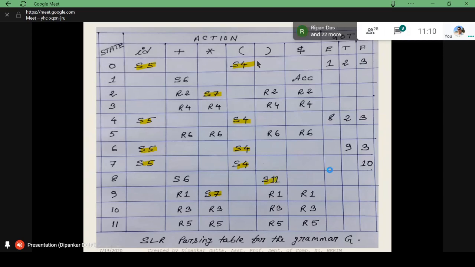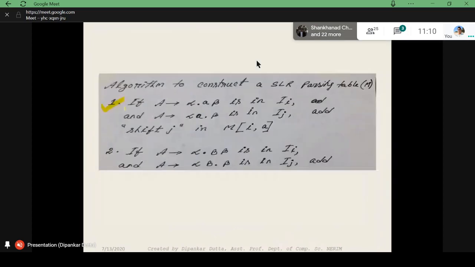It's a very interesting rule you have to remember. When dot is followed by a terminal symbol in Ii and in Ij you have this kind of production, that means dot is followed by the terminal symbol, then in M of Ii, a, you have to put shift j.